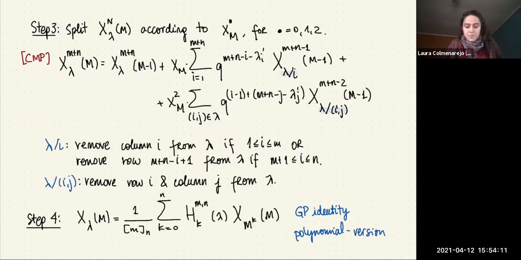So what we did was take my polynomial in m variables, and split it into what happens and how it's affected by the different colors. I can have that there is no vertex with color m. So I'm just going to have the same chromatic polynomial with 1 color less.